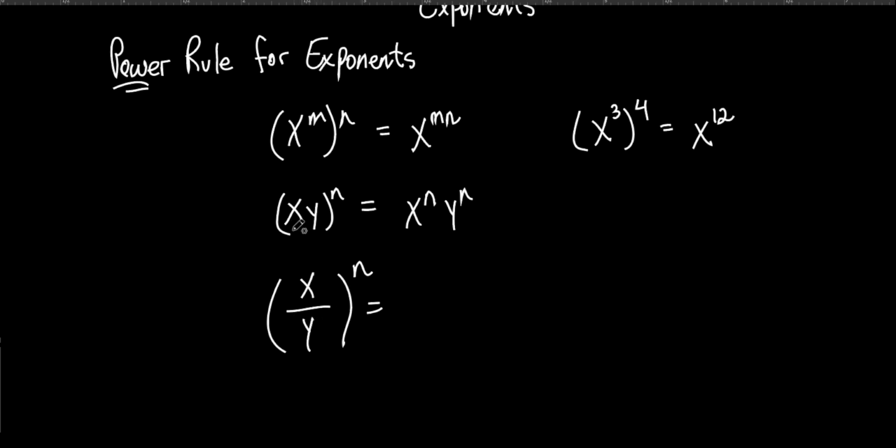Right here it's multiplication, so we multiply those together. This is division. So it's the same thing as this, except instead of multiplication, it's division. So we write x to the n over y to the n. That's how we would write something like that. Let's do a quick example of this.